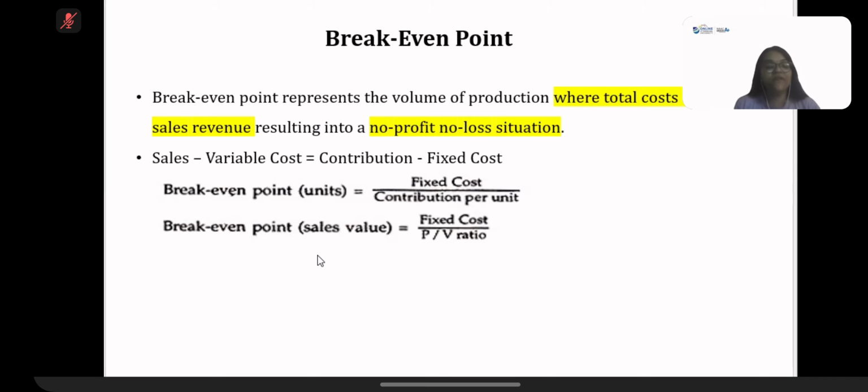The formula that we have for break-even point is sales minus variable cost is equal to contribution minus fixed cost. Or when you want to find out break-even point in units, we use the formula as fixed cost divided by contribution per unit, or when you want to find out in rupees, that is in sales value, the formula is fixed cost divided by PV ratio.